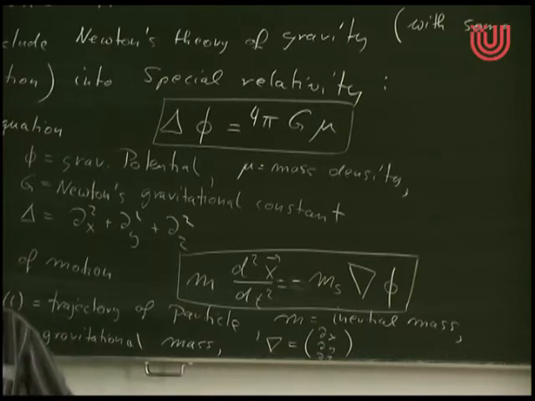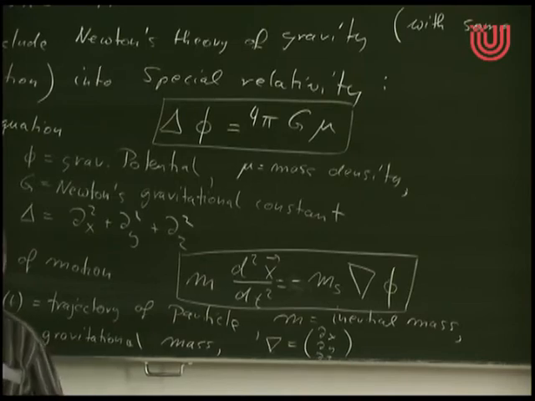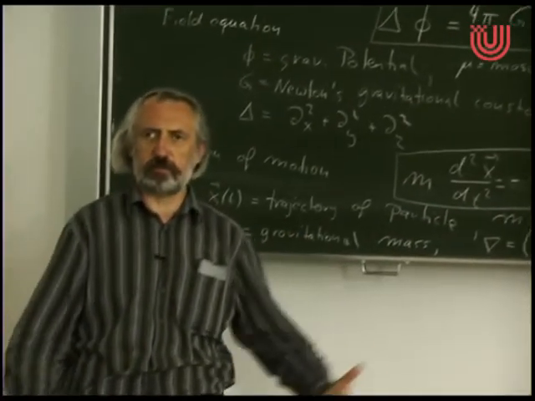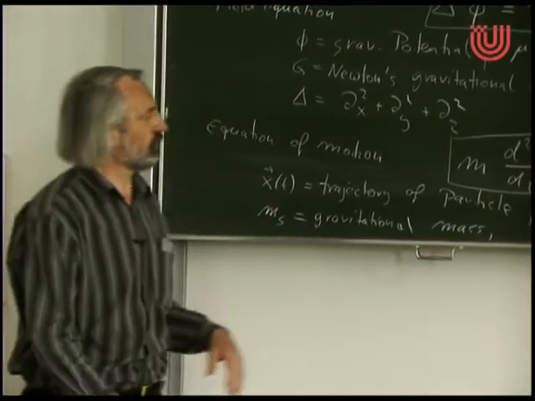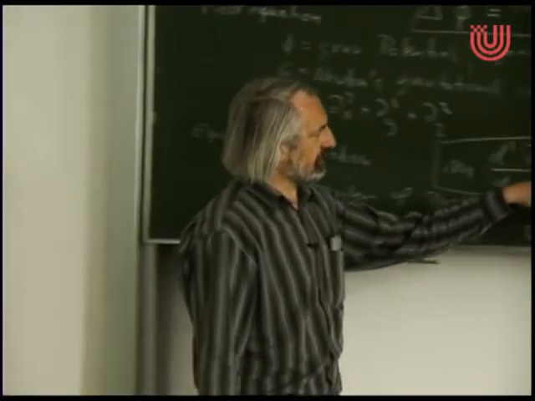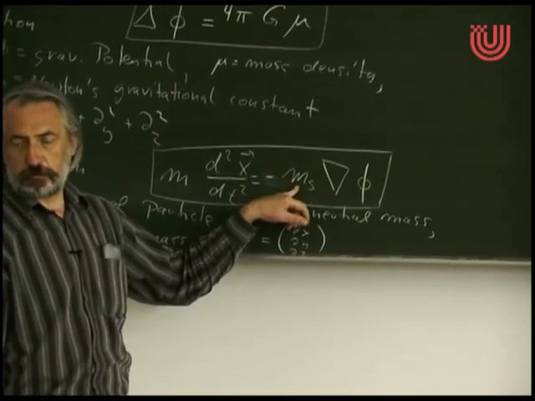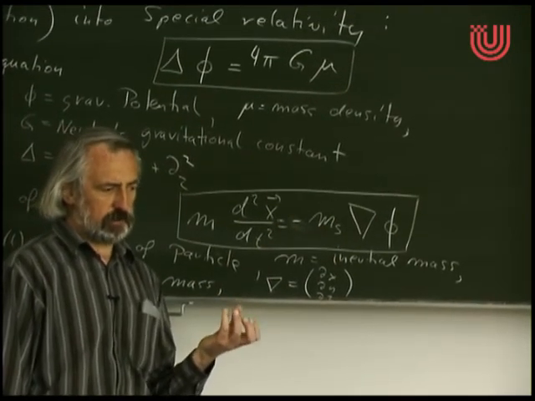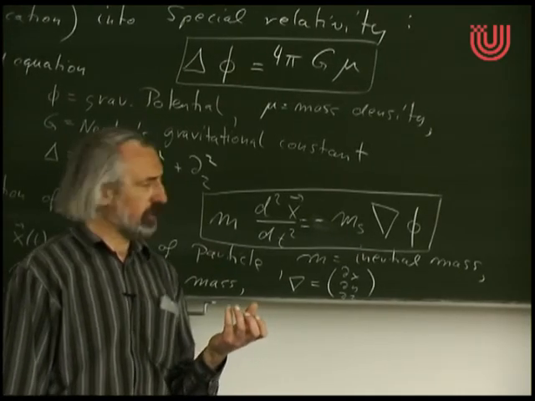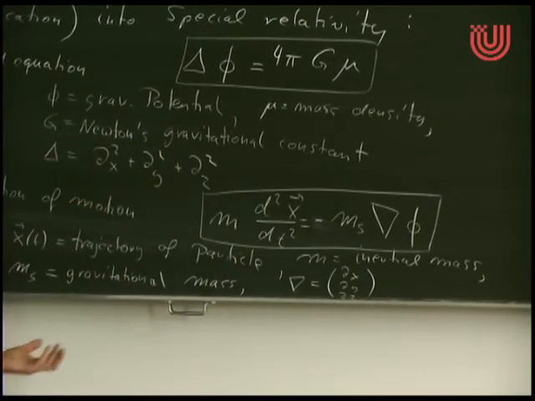So it describes how inert I am, how strong my resistance is against effects which are imposed onto me. And this is something which tells me how I react to a gravitational field. How strong I feel a gravitational field. So that's conceptually two completely different things.